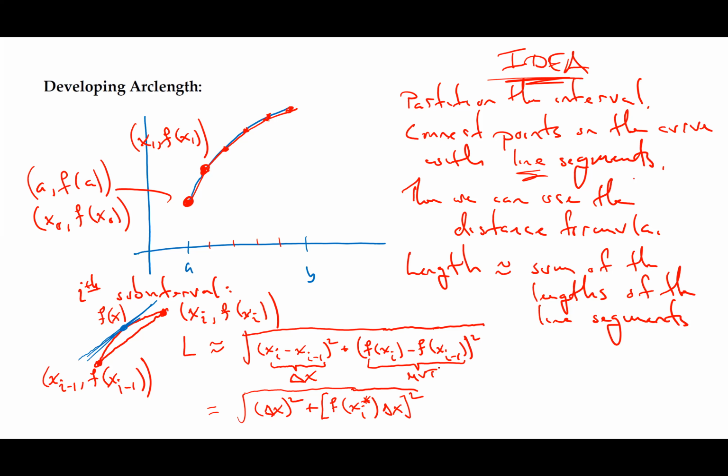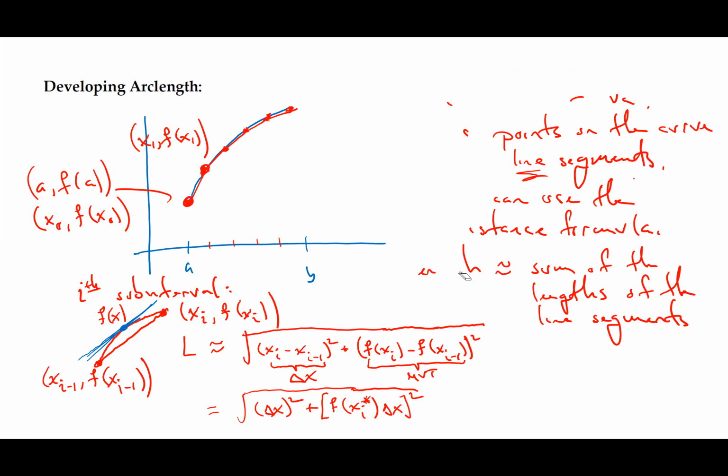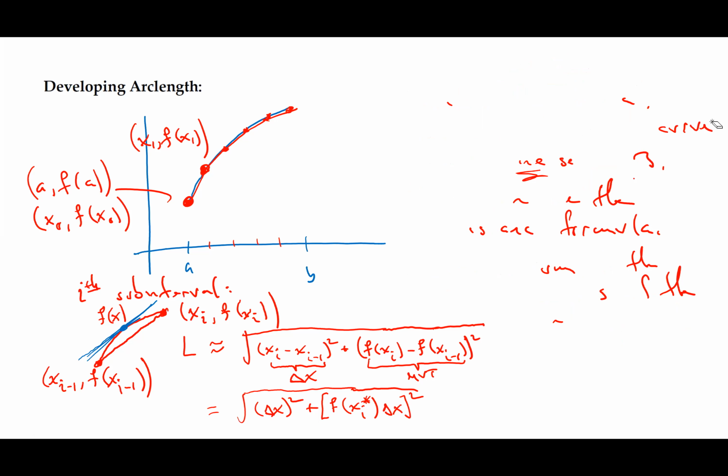Well, now watch what happens. So you've got this expression, and I'm going to play with it. I'm going to go ahead and factor some things out, see what I get.